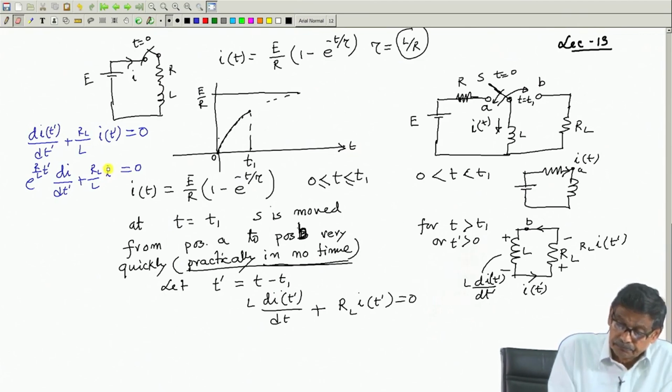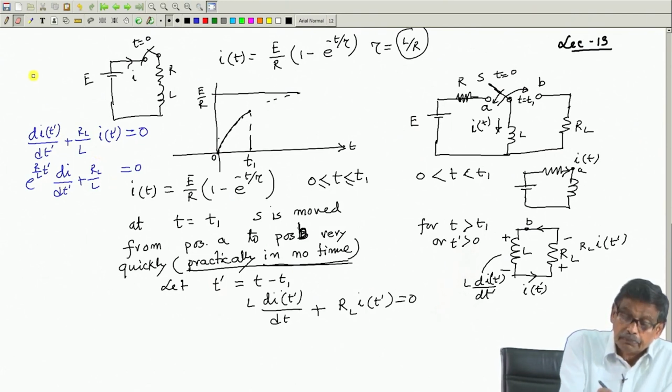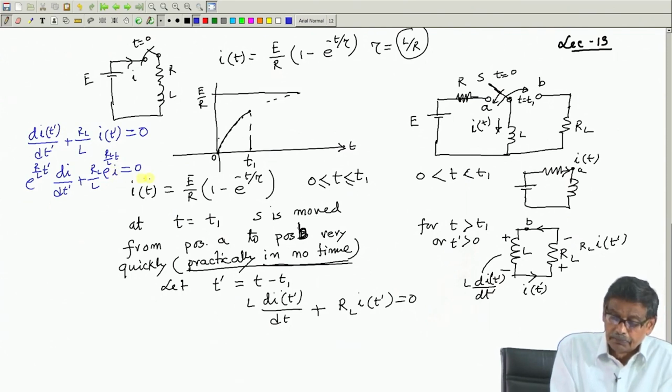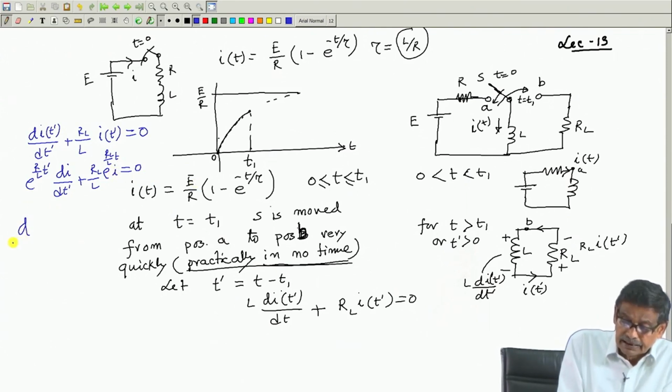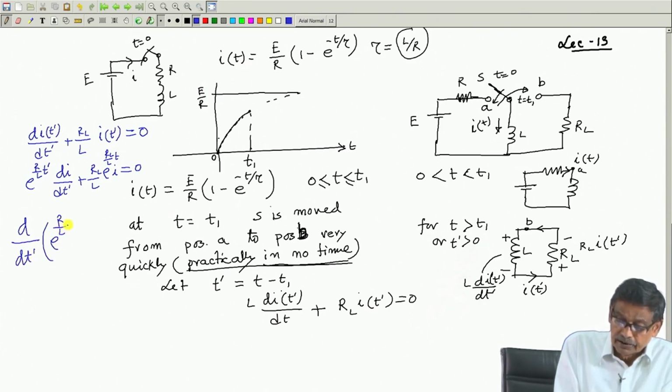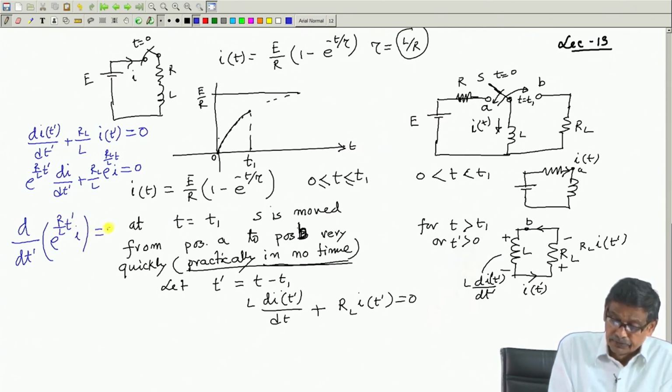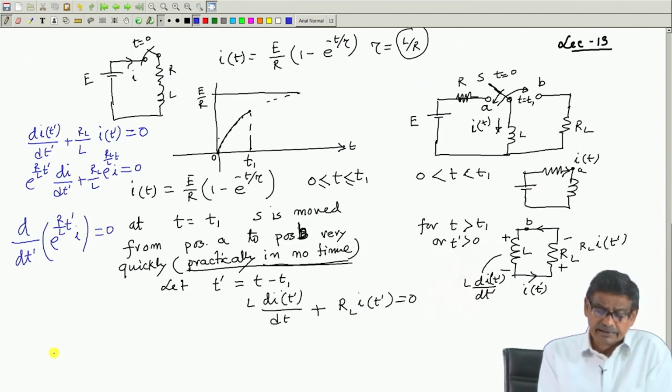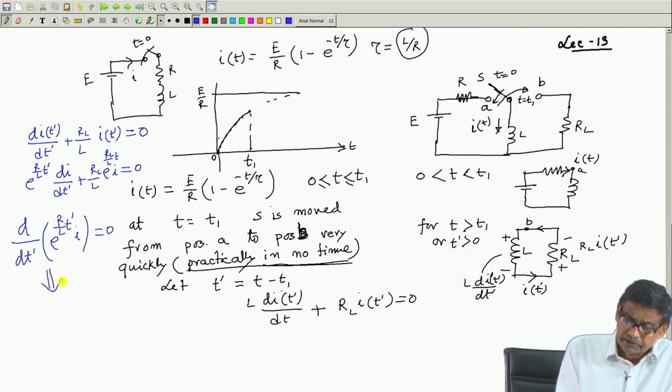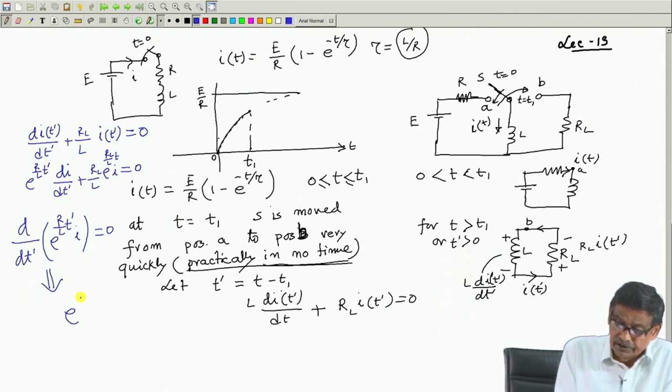I have multiplied with this integrating factor, e to the power R L by L t dashed, into I, and then I get d d t dashed of the product of these two functions, e to the power R L by L t dashed into I, and that is equal to 0. Since the right hand side is 0, I conclude that this must be a constant, because if you differentiate a constant, that only gives rise to 0.